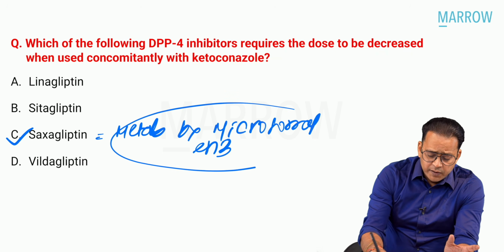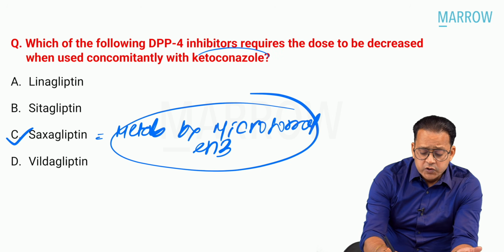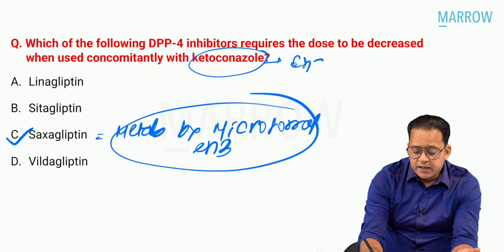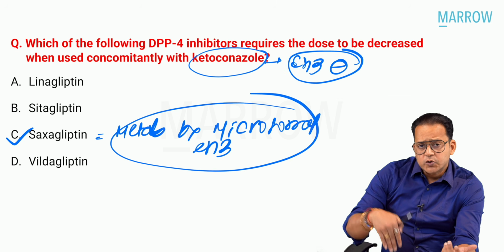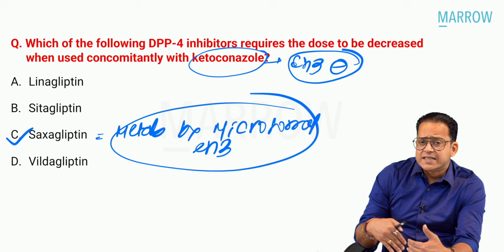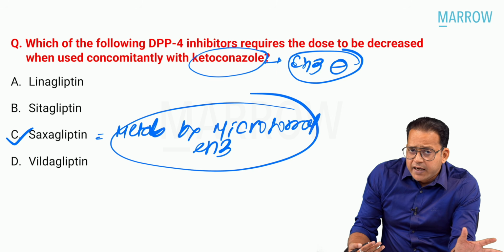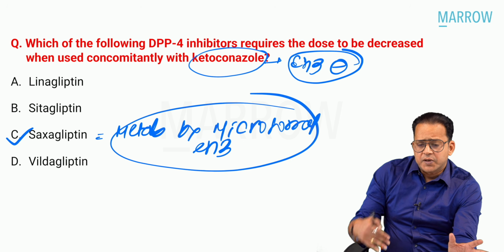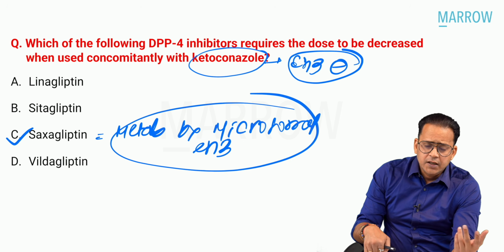And you know that microsomal enzymes can be induced or inhibited. Ketoconazole is an enzyme inhibitor. So what they write is any enzyme inhibitor like ketoconazole, valproate, erythromycin, etc. should never be combined with saxagliptin. I should go for any other drug but not saxagliptin. So it is a direct one-liner MCQ. There is no concept in this per se.